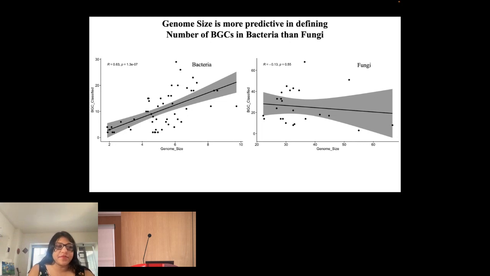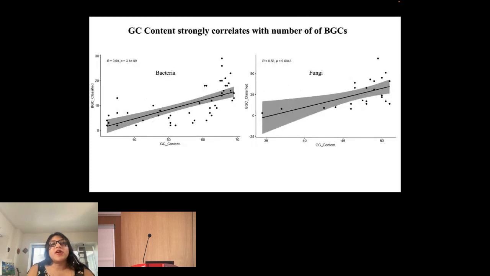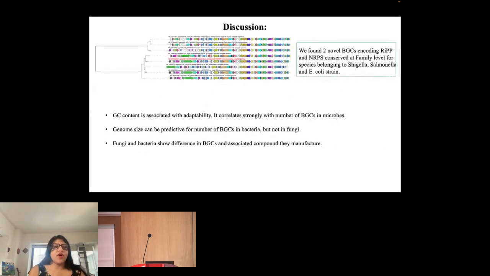We also studied the effect of GC content and find that GC content strongly correlates with the number of BGCs in both bacteria and fungi. With that, I would like to summarize what we observed in the study. Firstly, genome mining has undoubtedly revolutionized natural product discovery, but there are several means which can help advance the field further, especially developing new computational tools and experimental techniques to exploit the vast potential of microbial genomes.